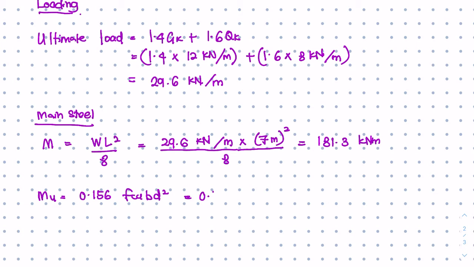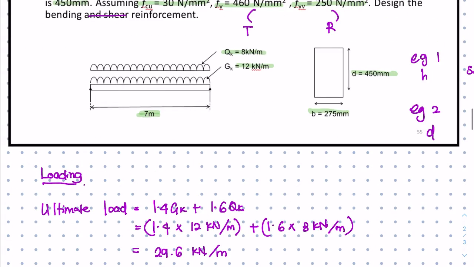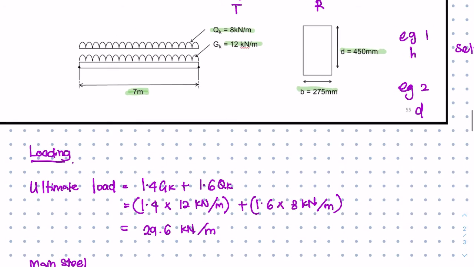Okay, 0.156 times fcu, which is 30 Newton per mm square, times b, 275. These are all given in the question. And the value of d, we have it, because for example number 2 they gave the value of d, 450.